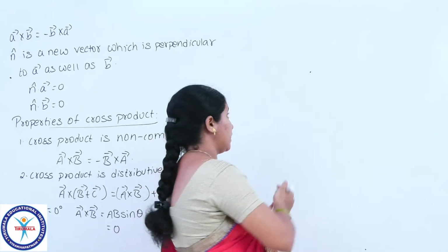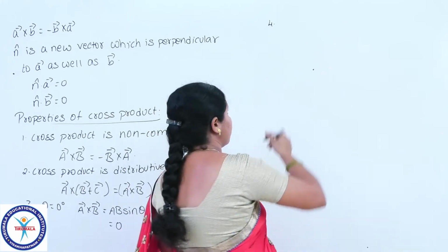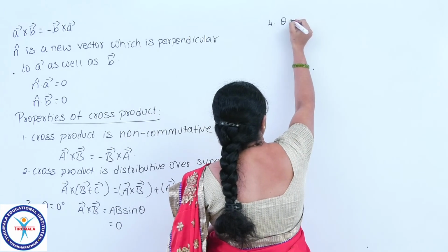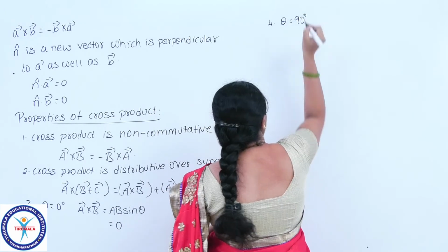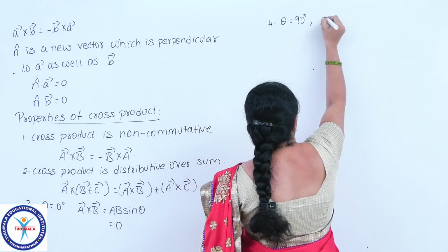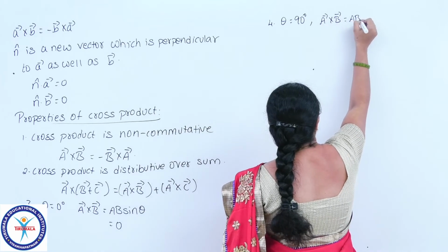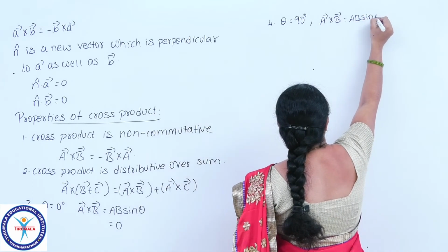And the next property is, if the angle theta is equal to 90 degrees, then the magnitude of A bar cross B bar is equal to AB sin theta.